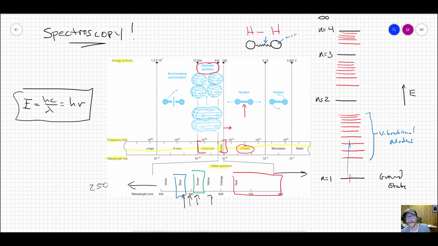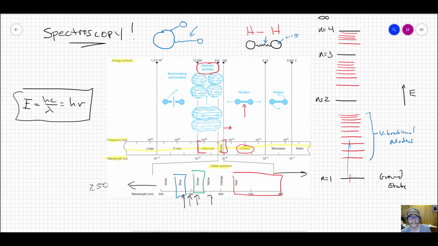If you've got one that's really heavy and it's bound to something smaller, its frequency and its modes of vibration are going to be different than one where you have equivalent masses on both sides. Also, if you've got two bonds to a central atom here, then the vibrational modes increase, so we have more options.